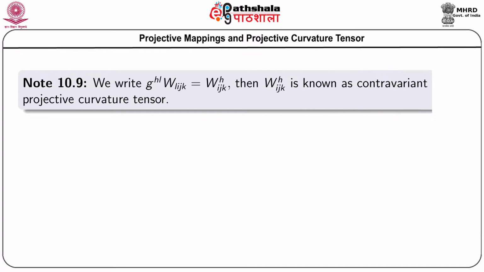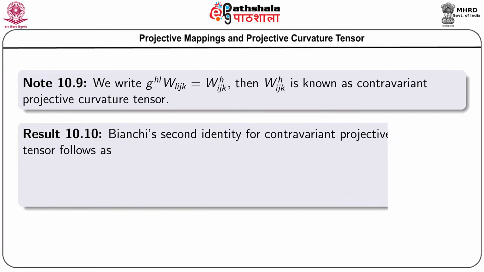Now, we can write g_{hl} W^l_{ijk} equals W_{hijk}. Now, this is a (1,3) tensor, and this one is called the contravariant projective curvature tensor. Now, we prove the Bianchi's second identity for the contravariant projective curvature tensor, which is given by this one.